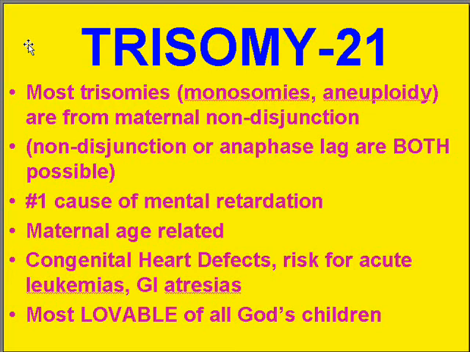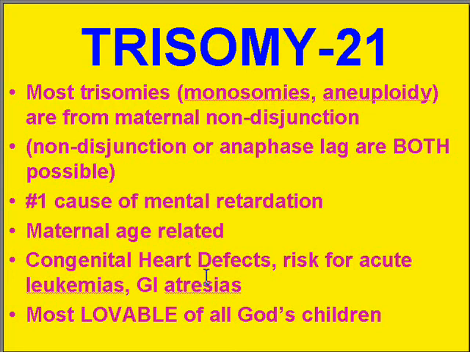Besides having a non-disjunction, a lag at anaphase is also another observed situation going on. Number one cause of mental retardation, completely related to maternal age, which is why older women wanting to have babies usually get amnios and have the chromosomes tested early.